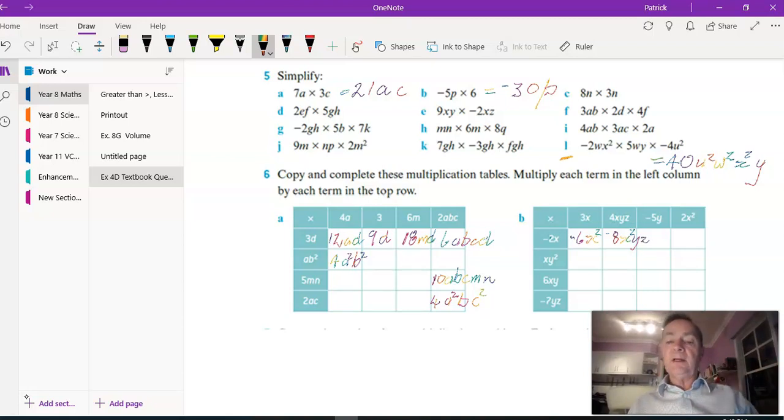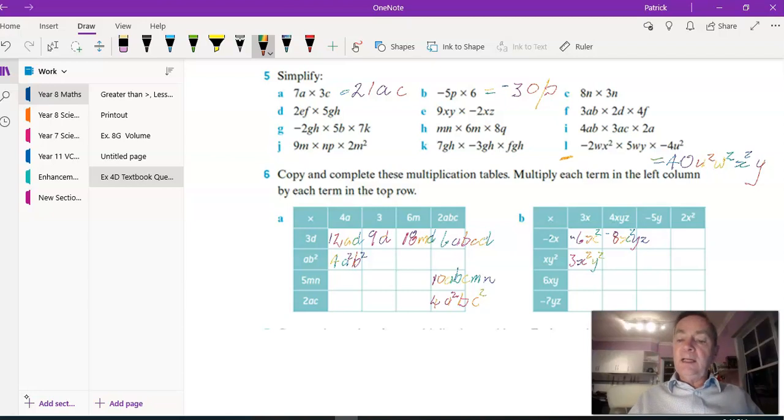Let's have a look at another one. 3x times xy squared will become 3x squared y squared. And I'll do the very last one, 2x squared times negative 7yx.